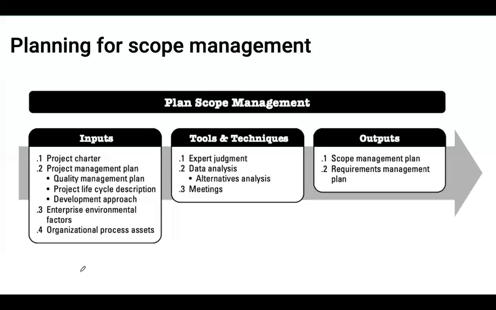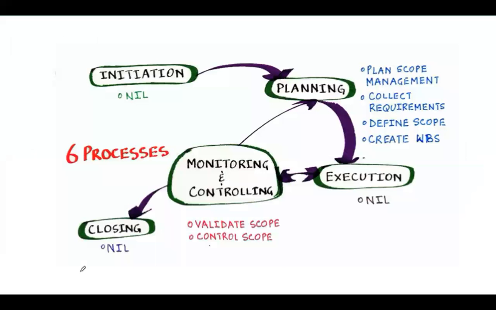As input into this plan, you need the project charter, the management plan or elements of the management plan, the EEFs and OPAs. So again, at the end of this process of planning scope management, you will have produced a plan to manage your scope.